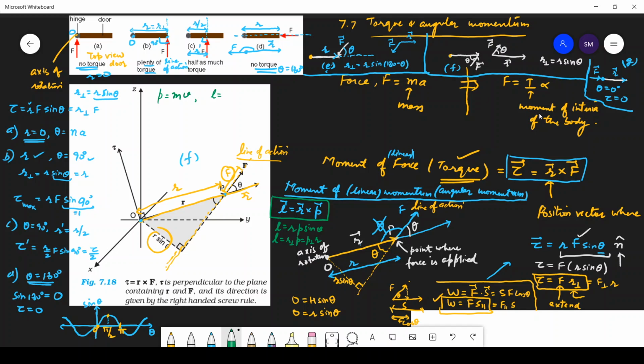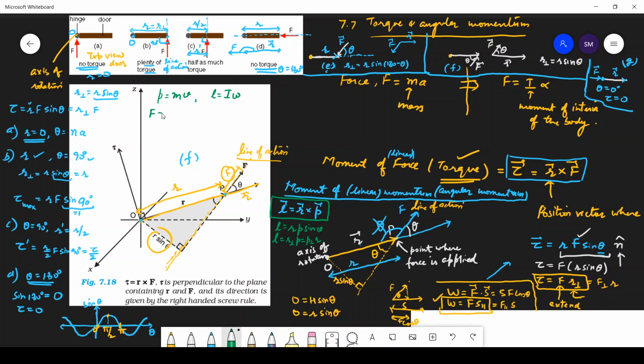We are going to study moment of inertia in detail. So we have I, and what is V? V is your omega. So here linear velocity, here angular velocity.